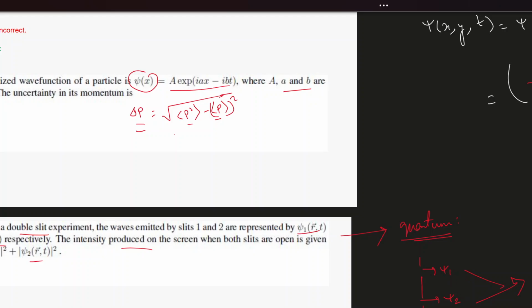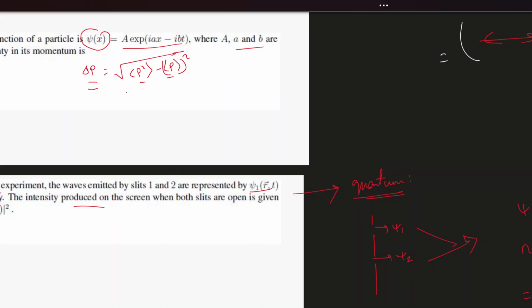Let's say net psi is equal to psi 1 plus psi 2, right? So the net probability of this coming out, or intensity, whatever you want to say, intensity is actually amplitude whole mod square. So in this case psi whole mod square, which is psi 1 plus psi 2 whole mod square.